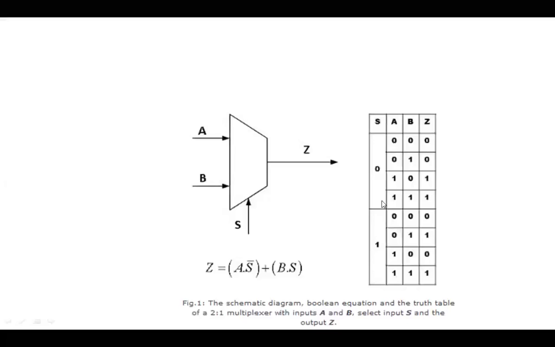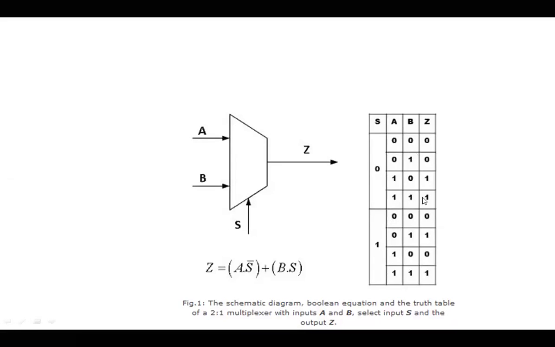You can see here S has two values, S equal to 0 and S equal to 1. I have modified this truth table in such a way that it accommodates all the values. So you have AB, which is 0 0, 0 1, 1 0, 1 1. This is the S equal to 0 case. Similarly, when S is equal to 1 also, I will have 0 0, 0 1, 1 0, 1 1.